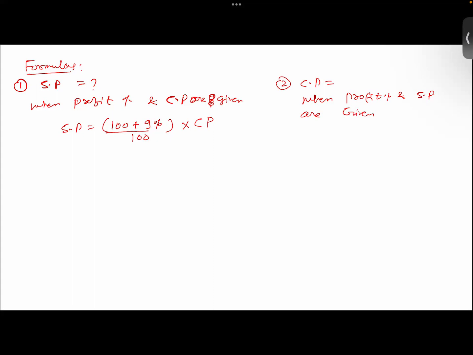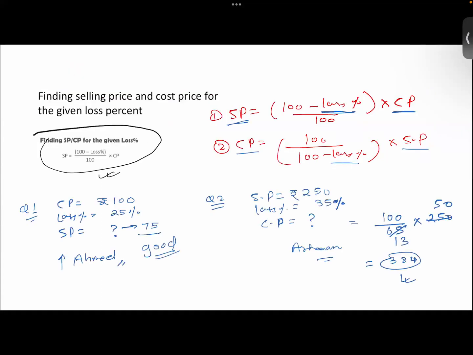Cost price equals 100 upon 100 plus gain percent, multiplied by selling price. That was the formula, and we did some questions on it also.